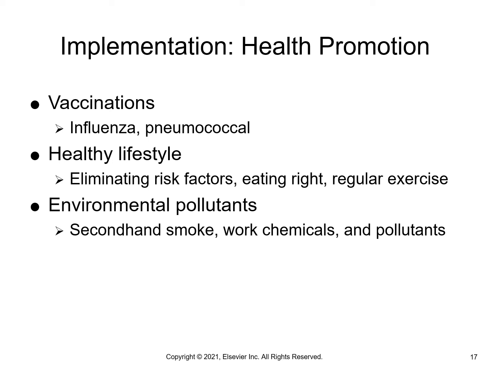A healthy lifestyle means eliminating risk factors, from dietary habits to sedentary lifestyle versus regular exercise, to getting away from environmental pollutants and secondhand smoke, moving away from pollutants or using some filters.